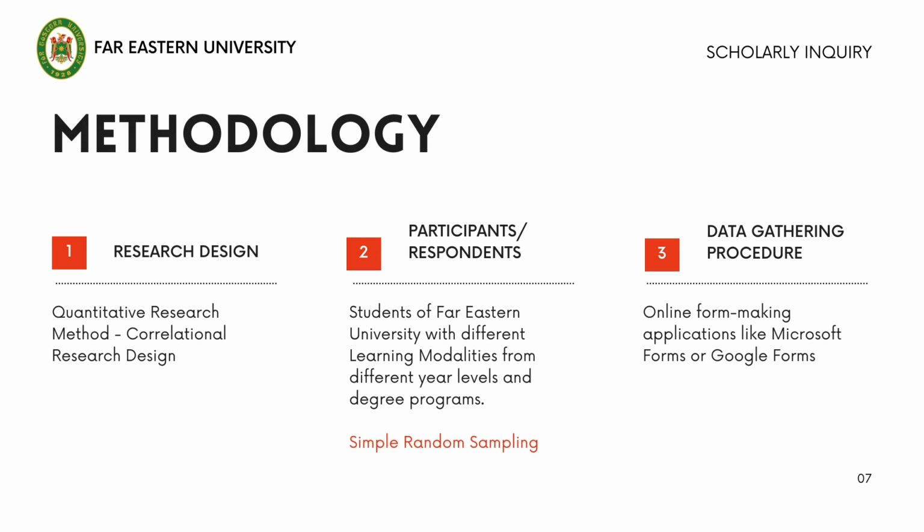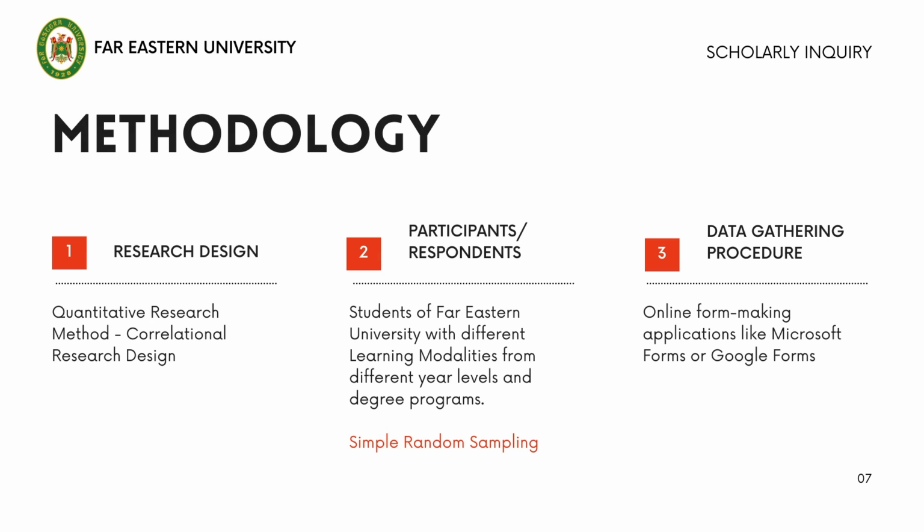This research paper uses a quantitative research method that uses a correlational research design, wherein the researchers will try to describe and explain the relationship between the variables online self-regulation, level of academic productivity, and learning modality.